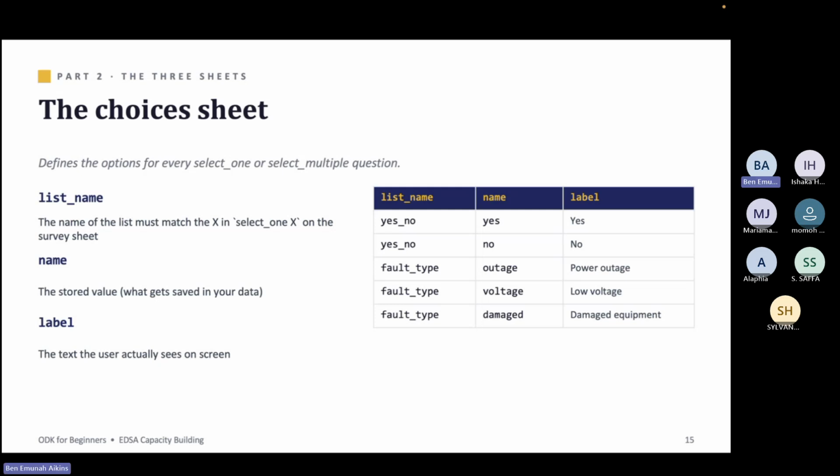So in the survey sheet, maybe we would have created an input called select one. The name of the question is going to be primary substation. On the label, we are going to tell the users to select any one of these primary substations they are working in.